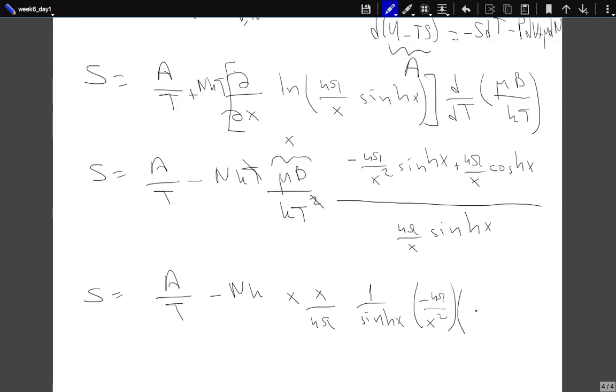And what remains inside will be sine hyperbolic x plus x cosine hyperbolic x.